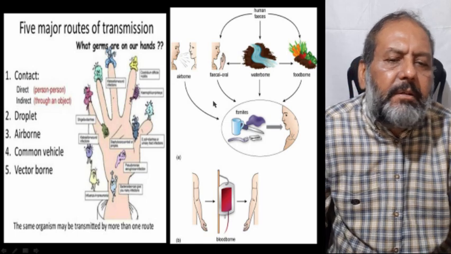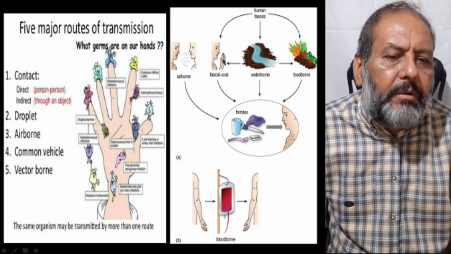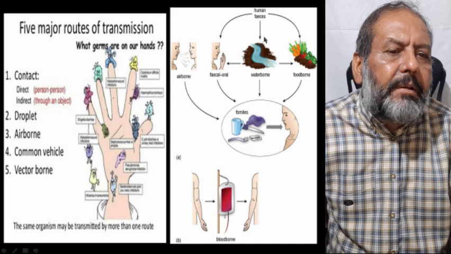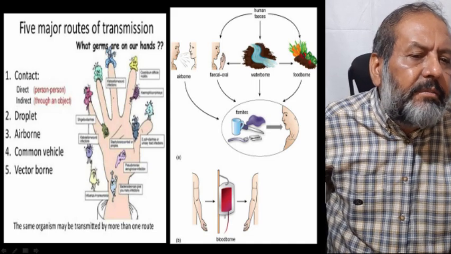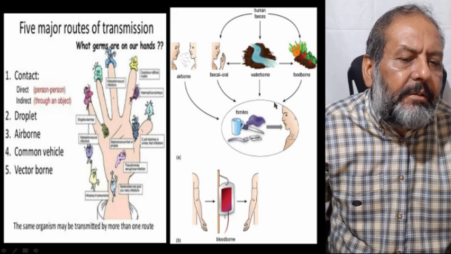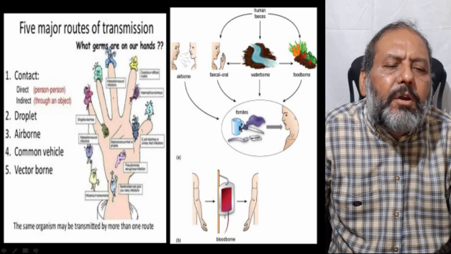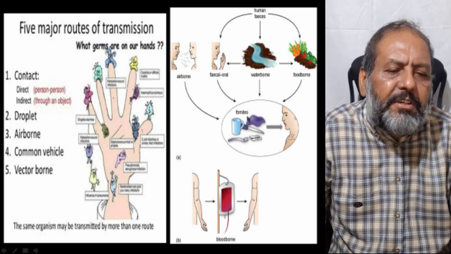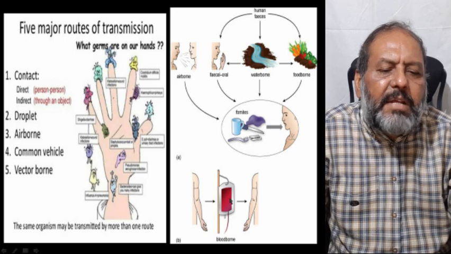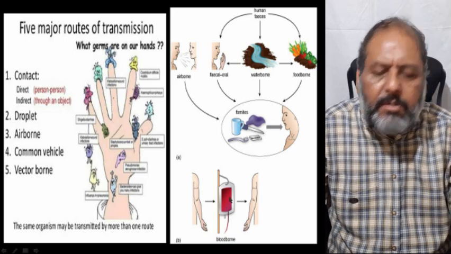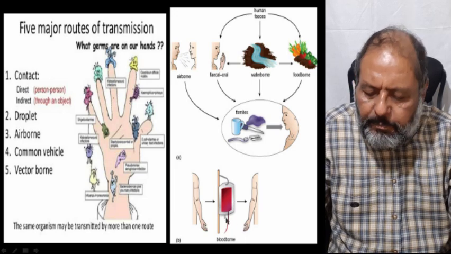Here one can see the different spread by airborne, fecal-oral, then human feces, which contaminate the food and other things. Again through fomites, the belongings of the patient, things which the patient uses. Then through blood, if it is contaminated and not properly cleared, it also causes blood-borne infection.